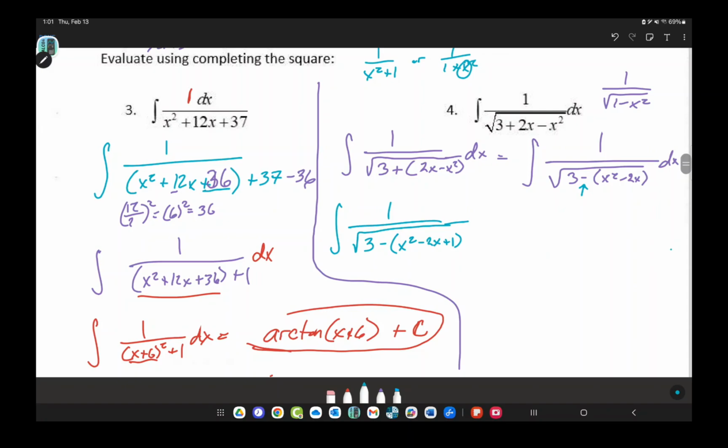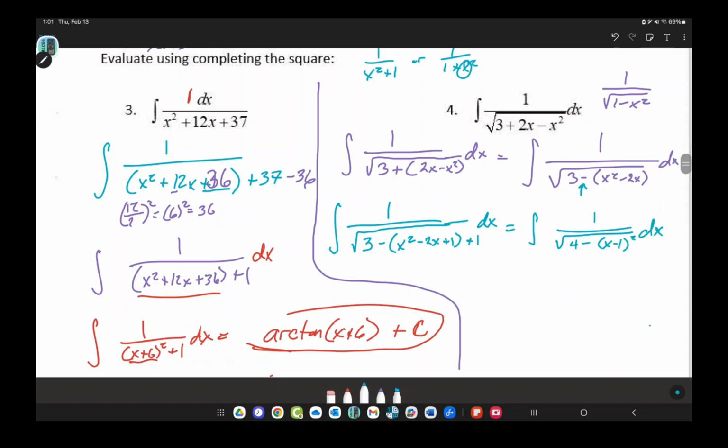Negative, which means what I'm really doing is subtracting 1. So to balance that out, I have to add 1 outside. So that's 1 over the square root of 4 minus (x minus 1) squared dx.